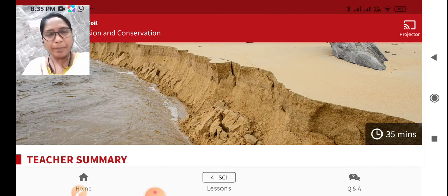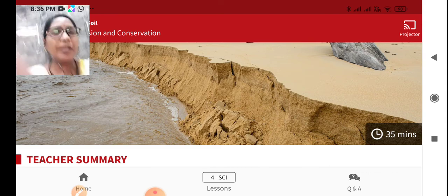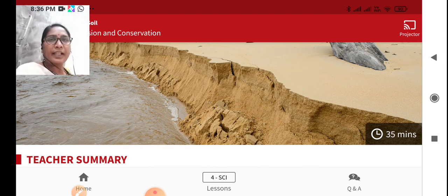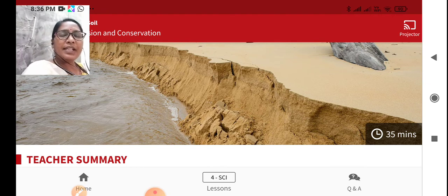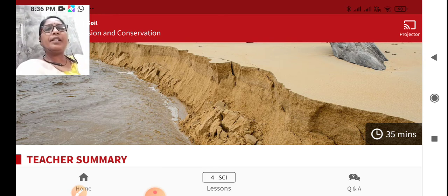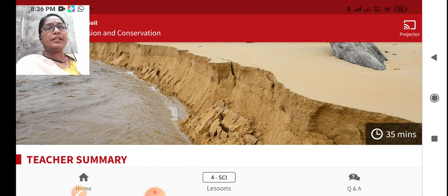So, dead parts of the plants and dead parts of animals, their body is made up of nutrients. That's why we can say it is organic matter. Okay. So, this organic matter is very important for growing plants.